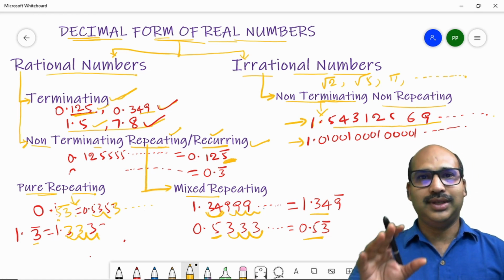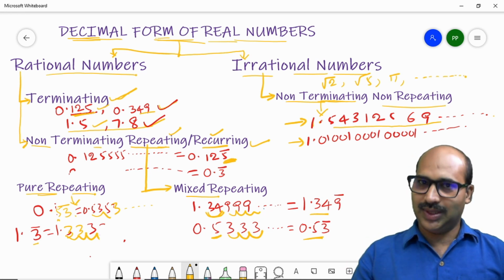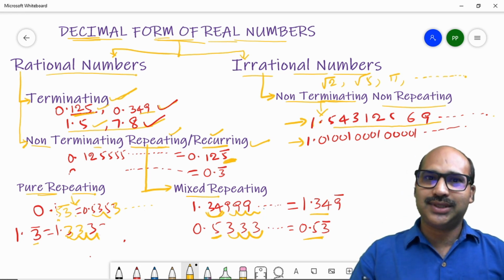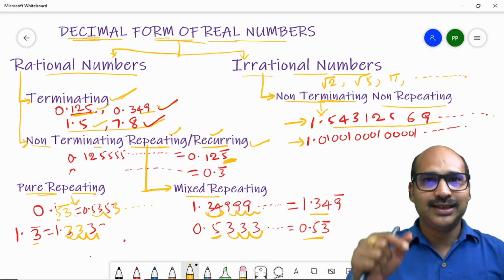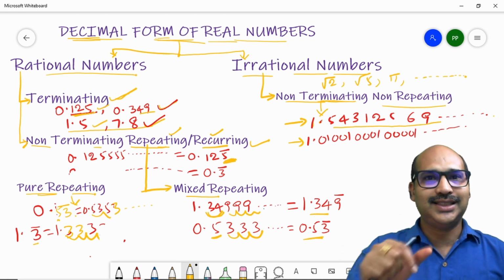So irrational numbers cannot be represented in the form p by q, where q is not equal to 0, and p and q belong to Z. Also, the decimal representation of an irrational number is non-terminating, non-repeating. This is an important point.